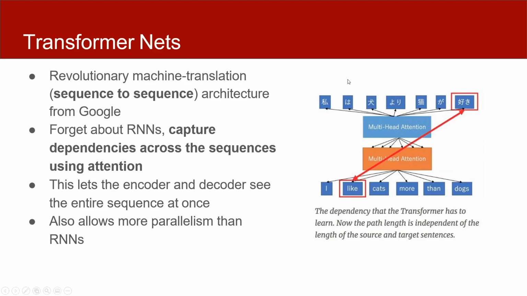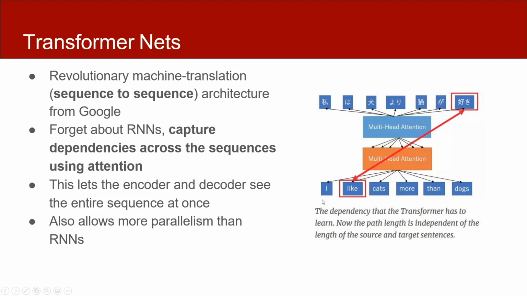They completely removed the RNNs, and they just use self-attention to capture the dependencies across the sequences. Here, this is the encoder, which uses multi-head attention. Then the bottom part is the decoder, which also only uses attention.